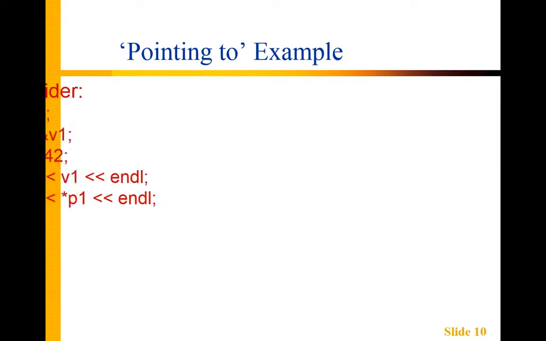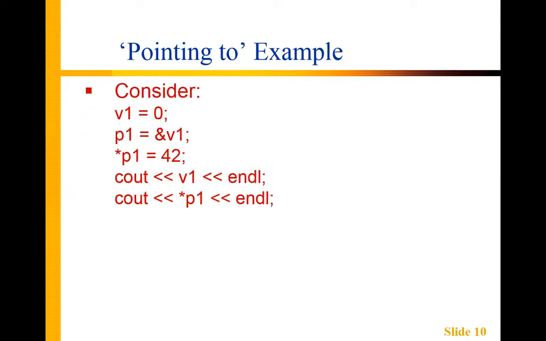Let's consider this. What do you think is going to be output on this particular example? So we've got V1 equals 0, P1 is pointing to V1, then we're dereferencing, so asterisk P1 says whatever P1 is pointing to, we want to assign the number 42 into it. So what is it going to say? cout what? 42.